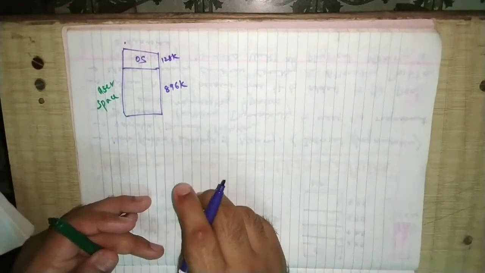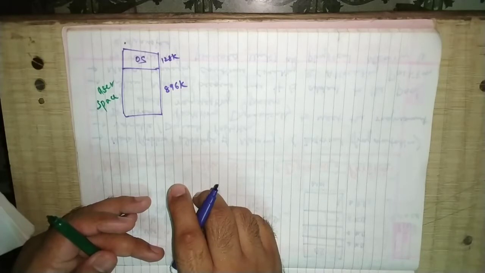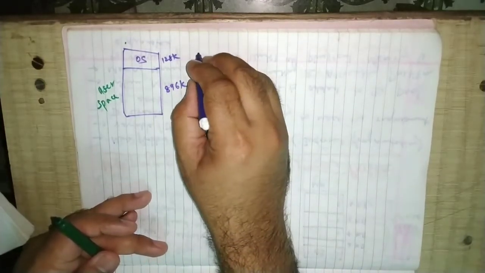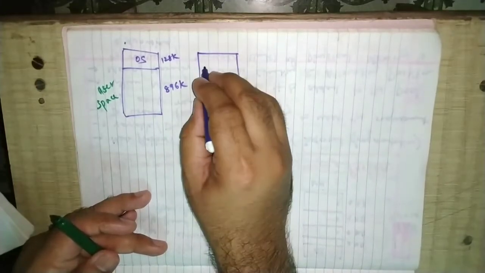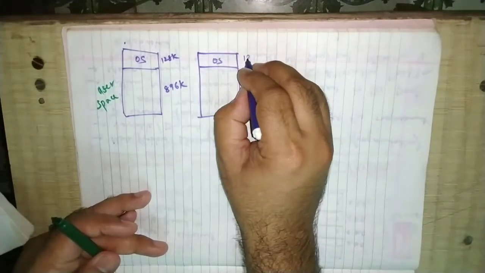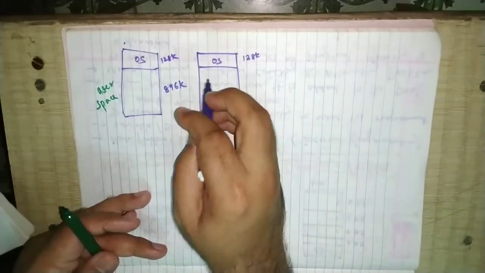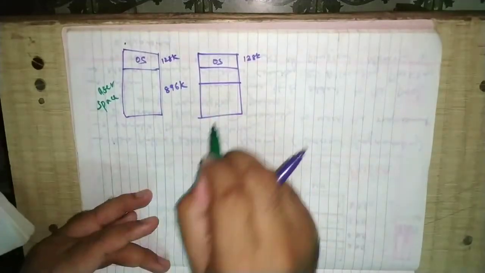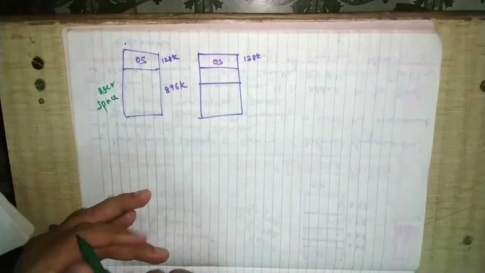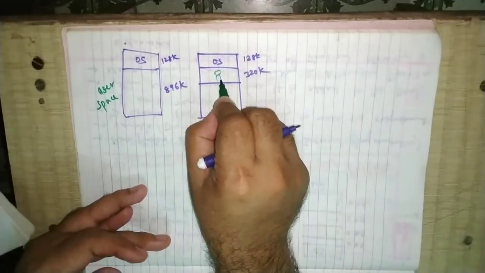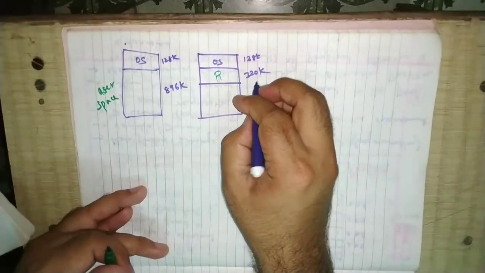Now process 1 will come. Process 1 has a requirement of 320 kb. This is the second diagram. We have created the first partition because process 1 wants 320k. So process 1 has entered, and the remaining memory is 576k.